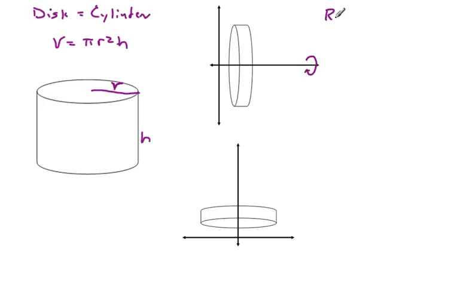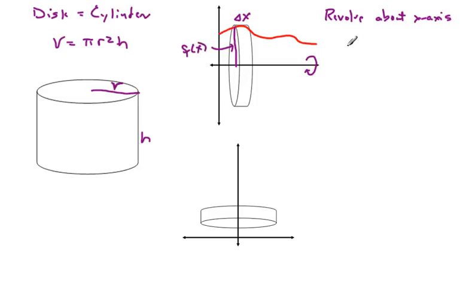So let's consider if we revolve about the x-axis. If we're revolving around the x-axis, this skinny little cylinder actually has a height of delta x, and we're probably going to have some kind of curve going on here. So let's say that's my curve. Then this radius right here is the height of the curve, f of x.